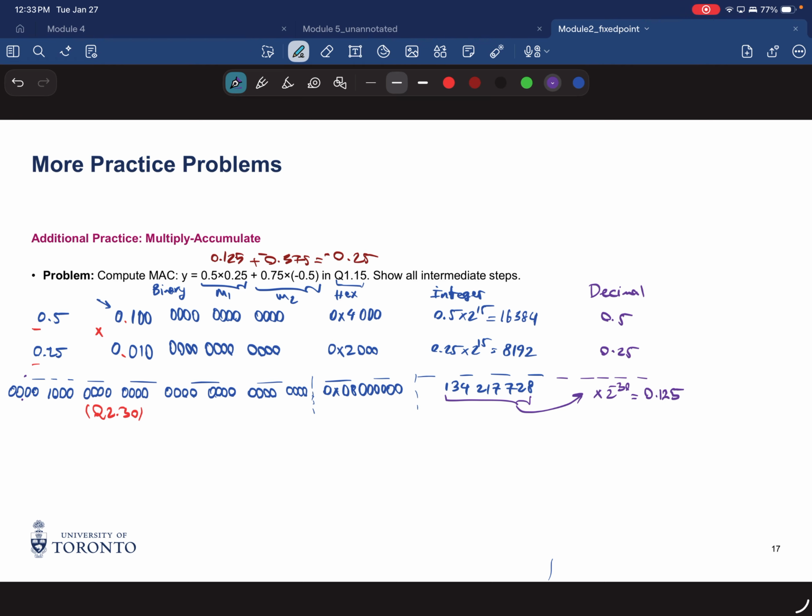Again, I start from 2 to the power of minus 1, minus 2, minus 3. This is my 0. I have 0 as a sign, and then I have 0 as the integer, and the fractional bits start from here. So in any way you solve this, you would get 0.125.